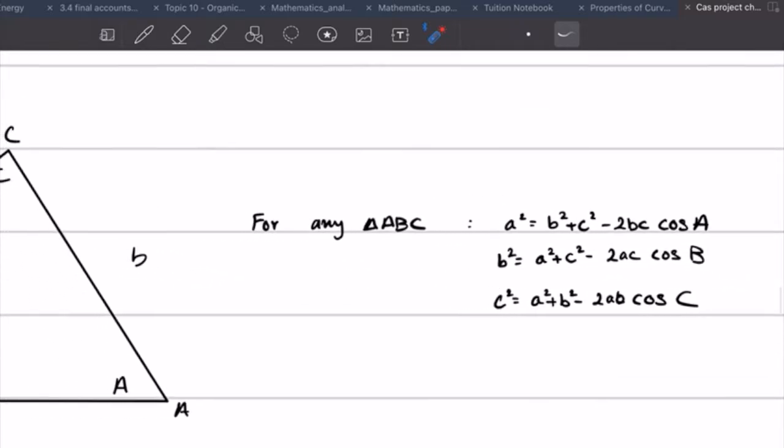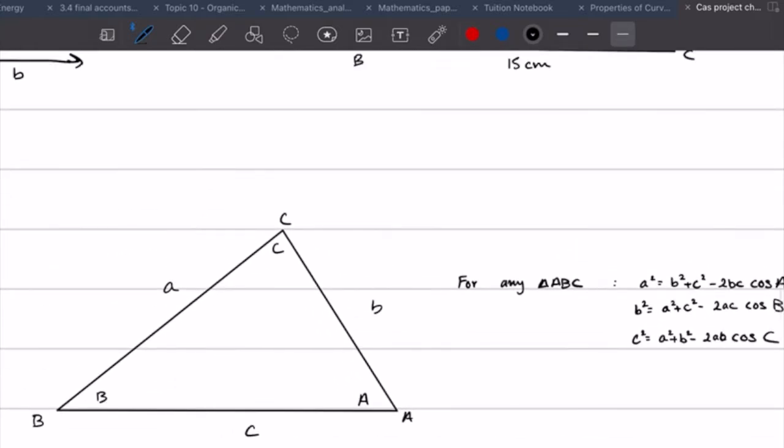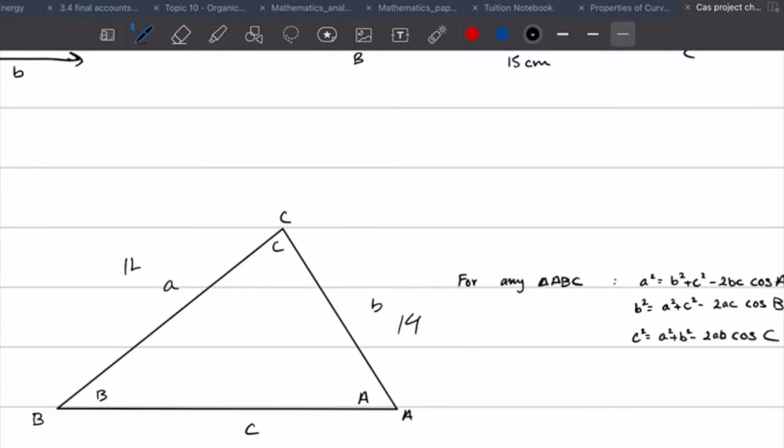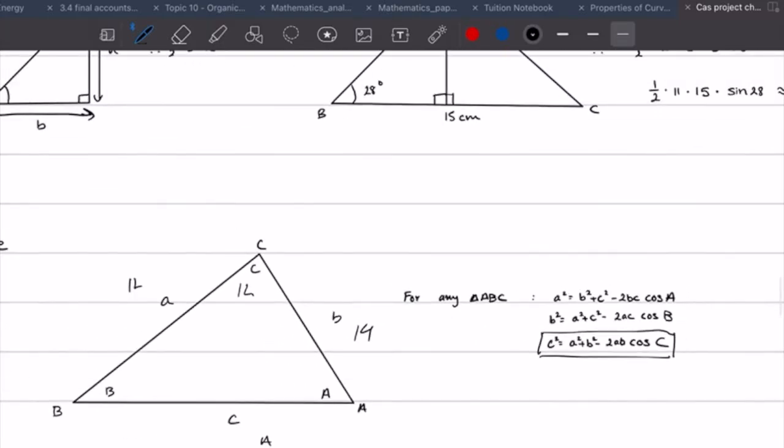So for any triangle ABC, what we can do to find one of these sides, for example, if I define A as 12, and let's say B as 14, and we have the angle C as 12, I don't know why. Now, we know that we have A and B, we have to find C. So we use this third formula, and we can input the variables.